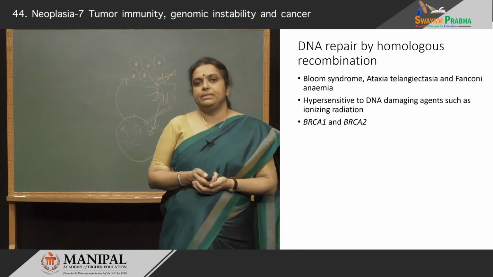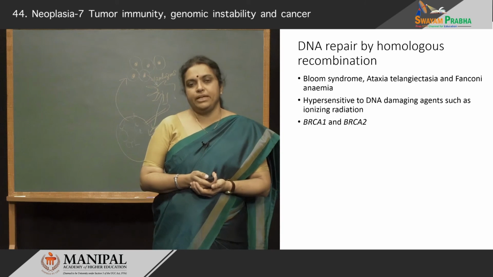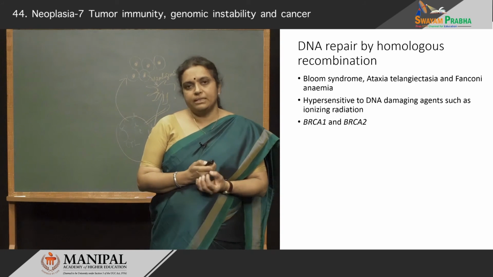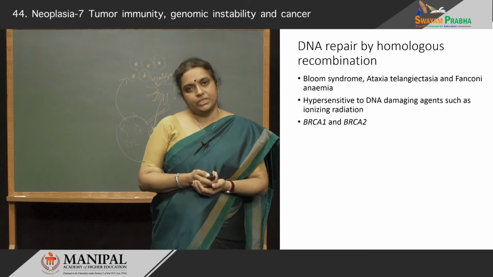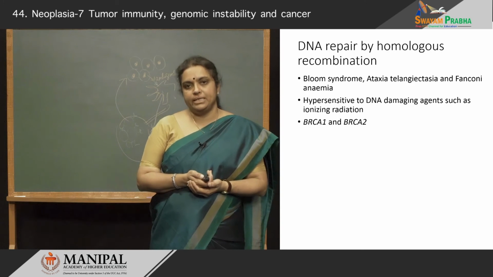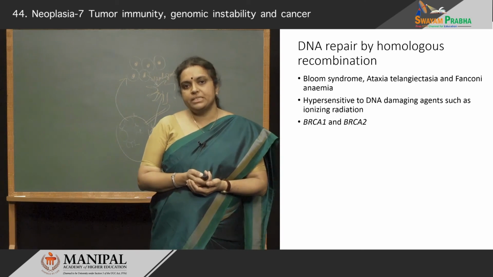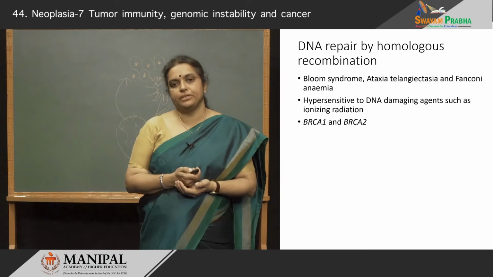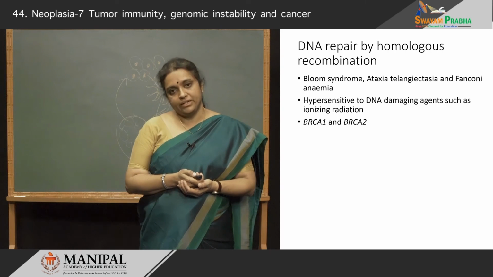The third example is defects in DNA repair by homologous recombination. This is another method in which DNA is repaired, and some of the syndromes associated with this defect are Bloom syndrome, ataxia telangiectasia, and Fanconi's anemia. These patients have hypersensitive reactions to DNA damaging agents such as ionizing radiation.